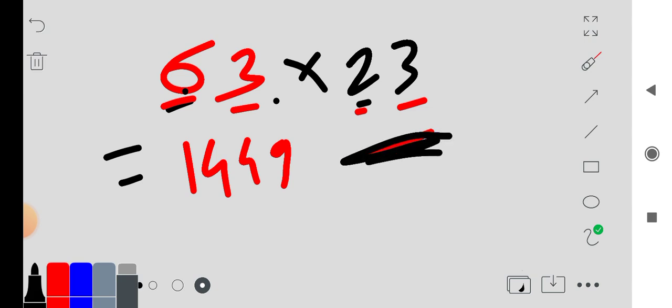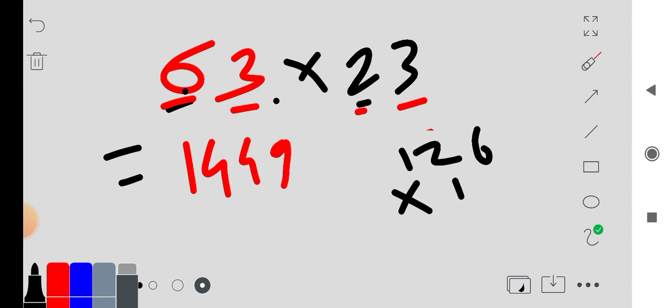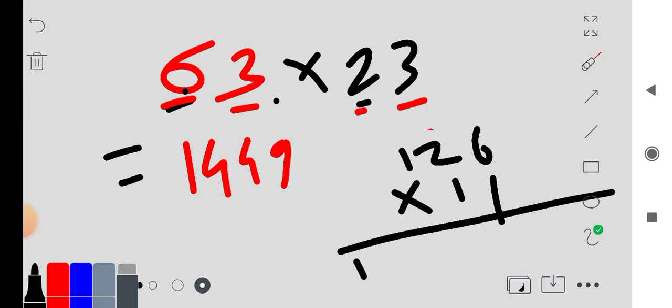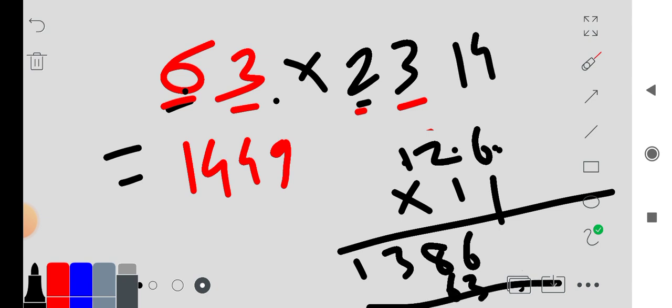What is the friendly concept? We multiply number with one of our friends. 63 into 22, it is far easy. So 63 into 22 is nothing but, friends, 126 into 11. Now multiplying by 11 is child's play. So 1 plus 2 is 3, 2 plus 6 is 8, and 6, 1386, and add one more 63 to it. So it is 1449.